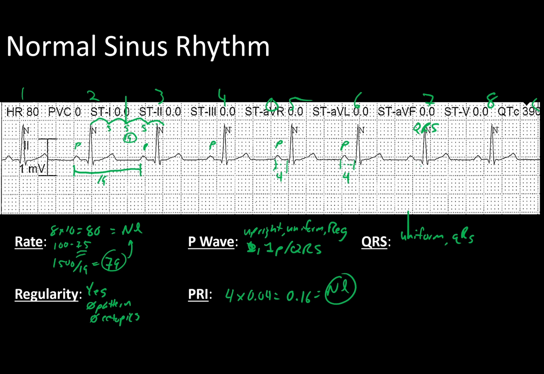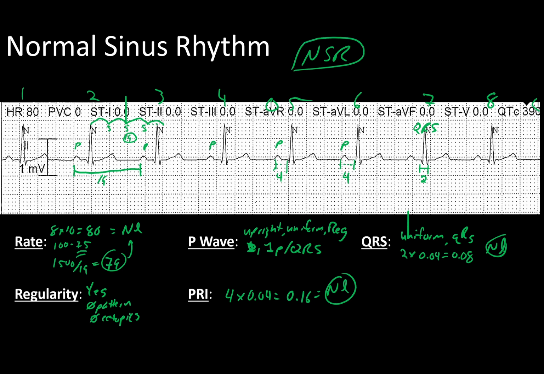I have a width of right at 1, 2. 2 times 0.04 gives us 0.08. And that is also normal. And of course you can cross-check any of these numbers with the other ones just to make certain that everything's uniform, but normal, normal, normal, that is normal sinus rhythm, as perfect as it gets.